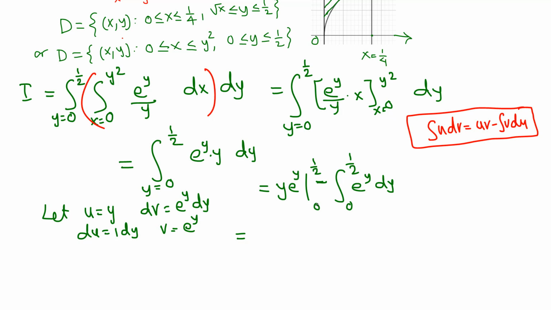Evaluate at the upper limit and lower limit. y equals 0 makes the lower limit 0, so we don't have to evaluate. The upper limit gives 1/2 e^(1/2), which is the same as root e, minus the integral of e^y, just e^y, from 0 to 1/2.